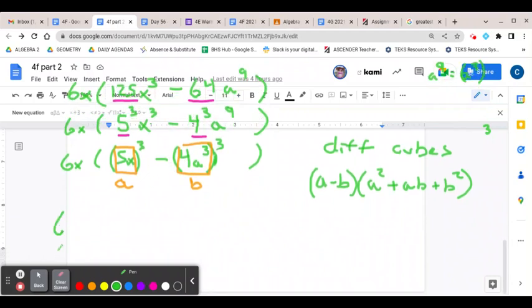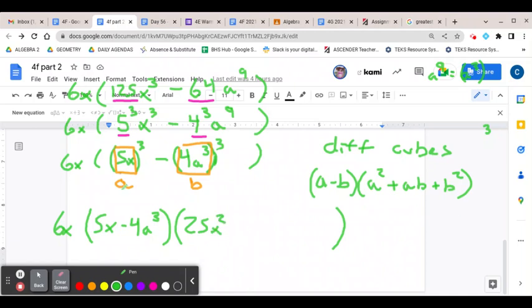We still have 6x on the outside. Our a term is 5x, our b term is 4a cubed, so we're going to have 5x minus 4a cubed in our first parenthesis right there. Our next parenthesis, we're going to have 5x squared, which is really just going to be 25x squared once we square the 5 and square the x.